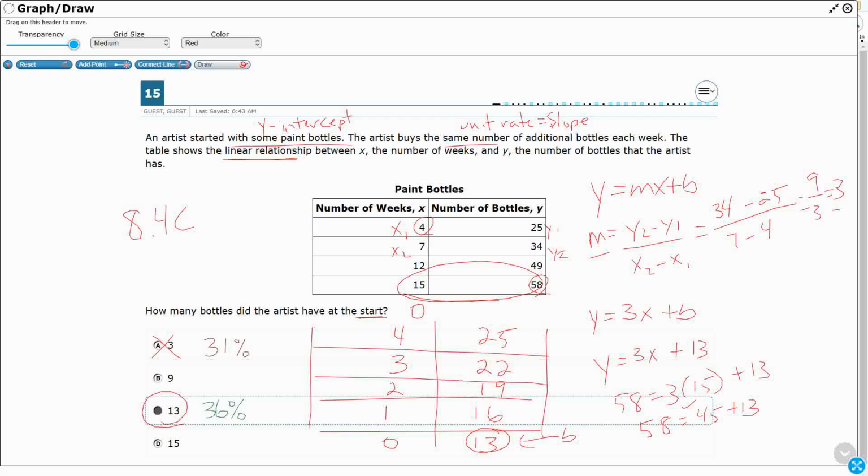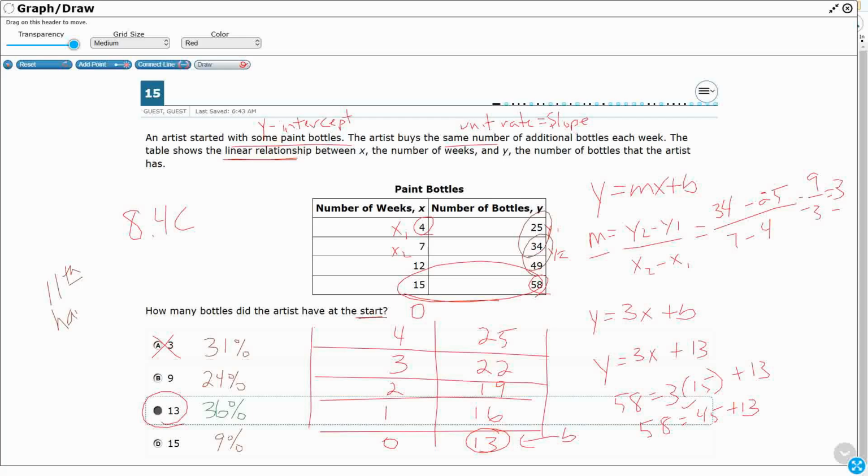Now, the 24%, here's what's scary, got 9. This is just the change in y values in the first 2 rows. They just did 25 away from 34, and they said 9, and that was the answer. And then 9% chose this 15, and that's just the change in y variables right there. So we had kind of all over the place. This was the 11th most difficult.